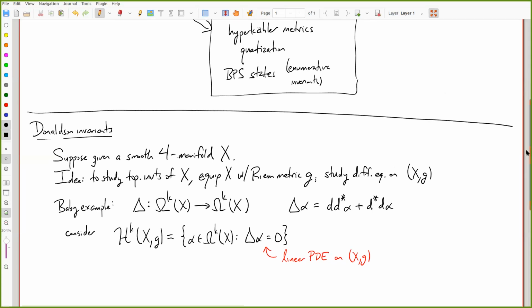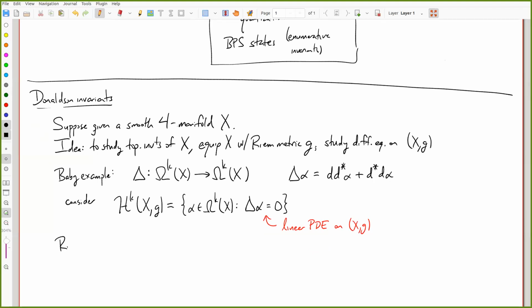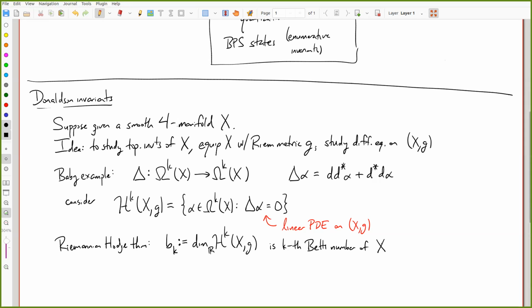But there's a beautiful theorem, the Hodge theorem, which says, if I define b_k to be the dimension over R of this space H^k(X, g), it is just the kth Betti number of X. Whatever is your favorite way of defining the kth Betti number.